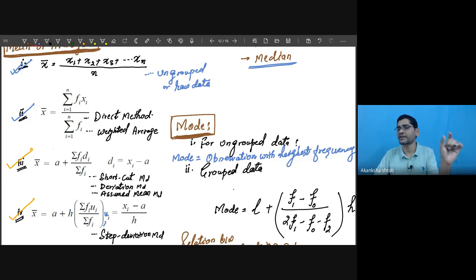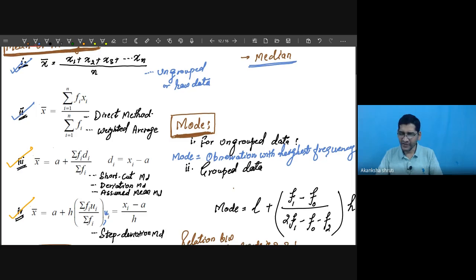From that the modal class is determined, and from that the interval length h is determined. And f0 is the frequency just before the modal class, and f2 is the frequency of the interval just after the modal class. Then substitute in this formula: mode is equal to L plus f1 minus f0 divided by twice of f1 minus f0 minus f2 whole multiplied by h. Okay, that is the mode.